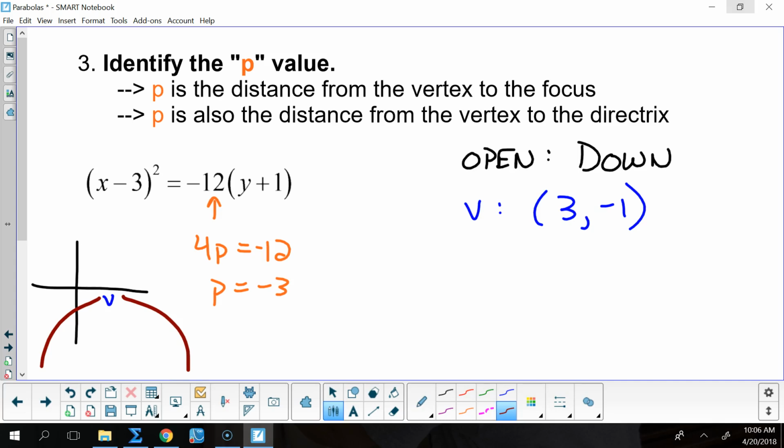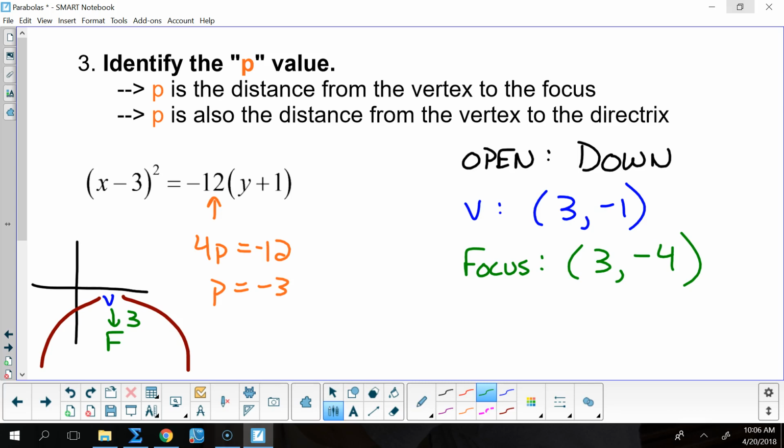Okay. So that means that my focus is going to be down, because the focus is inside the parabola. So my focus is going to be p units down from the vertex. So my focus will have the coordinates 3, -4. Because that is 3 units down from my vertex.